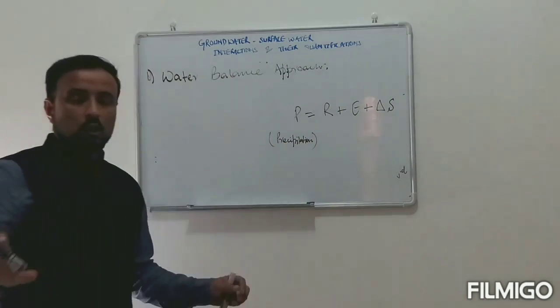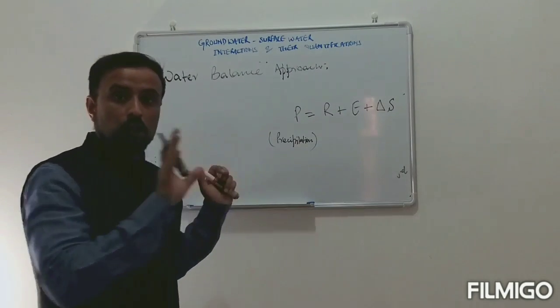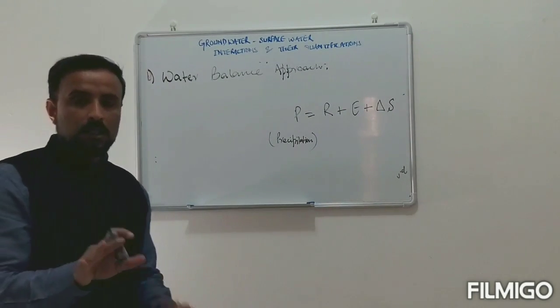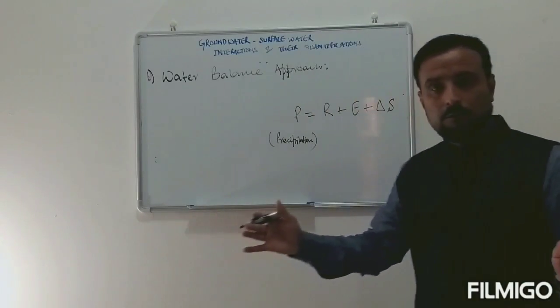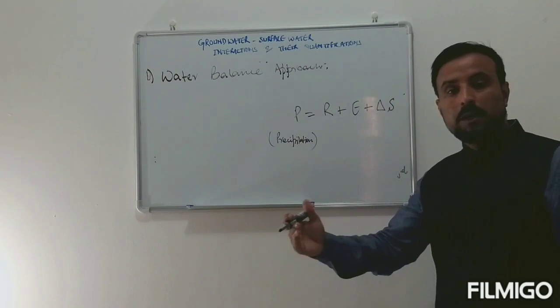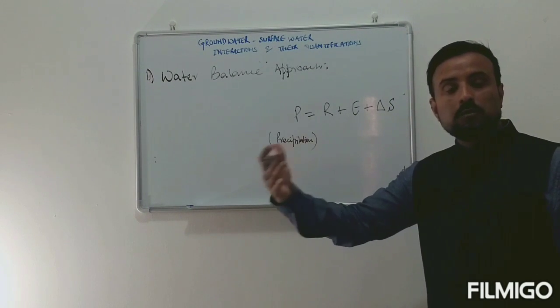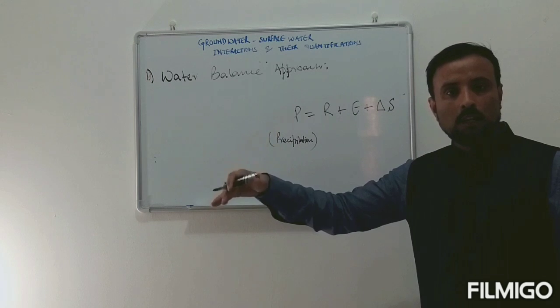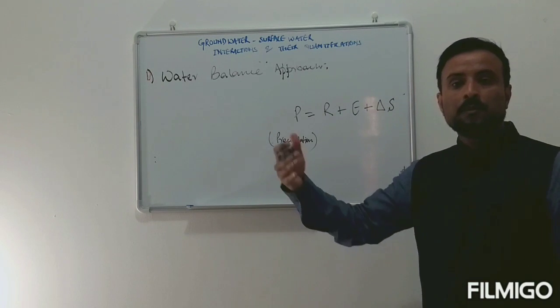So in a particular closed basin, closed basin means a particular area where this basin is not contributing water to another basin. It's a local basin, right? It is not a regional basin.